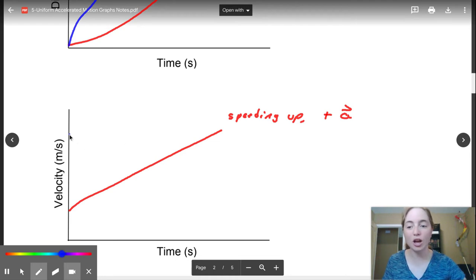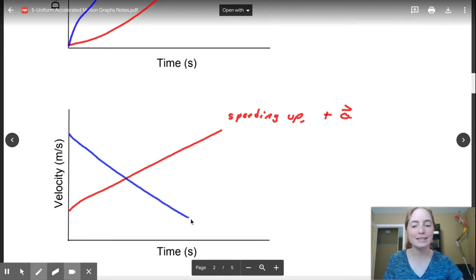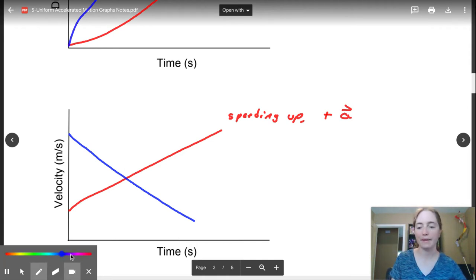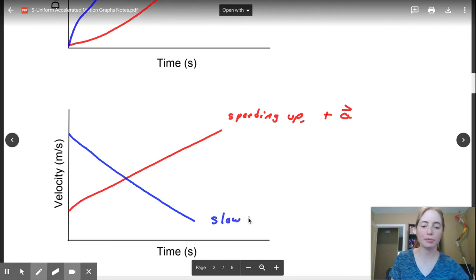Okay, so your velocity is going to be decreasing over time. So this blue line is going to represent slowing down or negative acceleration.